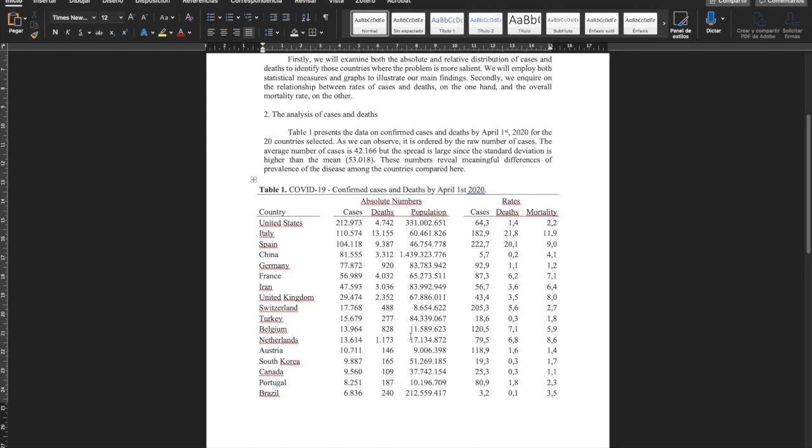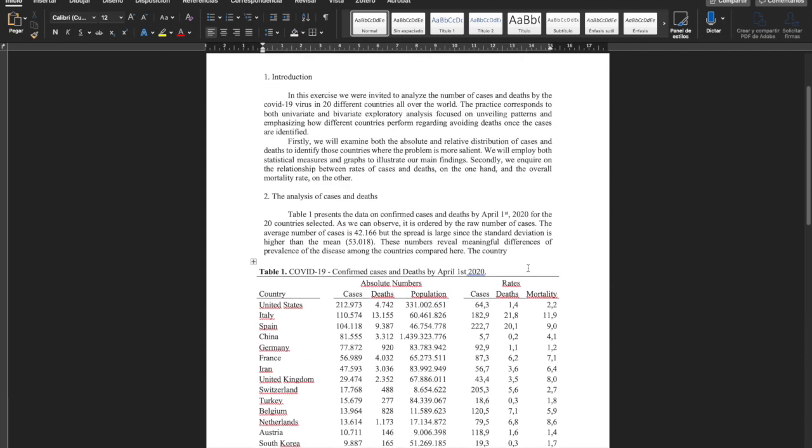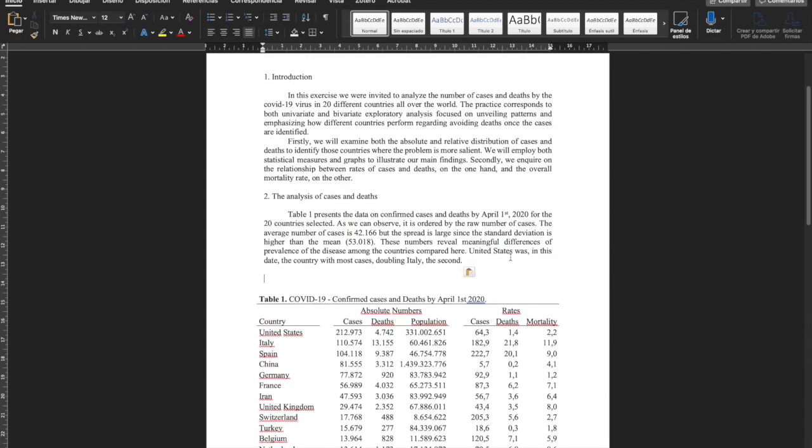You need to express that there are many differences, and you can reinforce the country. You keep the country: the United States was, on this date, the country with the most cases, and then you can repeat the figure here: 2,973 cases, doubling Italy, the second.